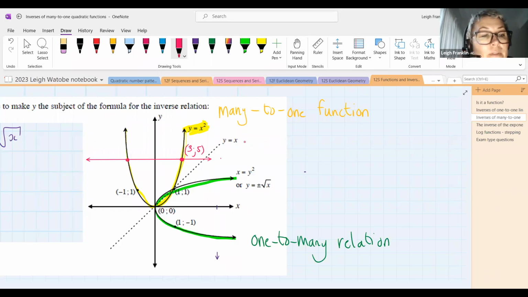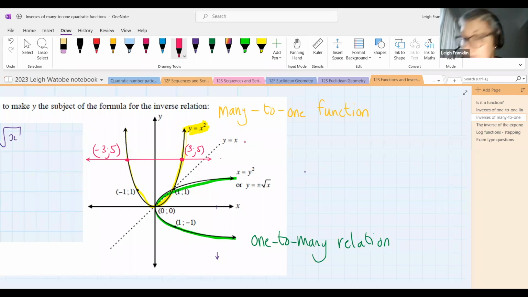If I reflect that point over here, it would be -3 and +5. Okay, so two different x's can share the same y. That is allowed. Okay, so in other words, in my domain, if I have got the number -3 and I have a coordinate of y is 5, that's allowed, right?